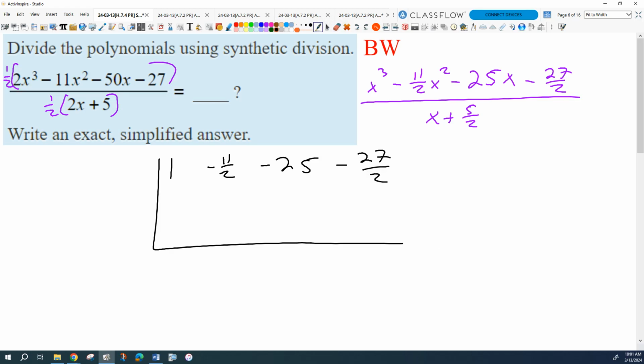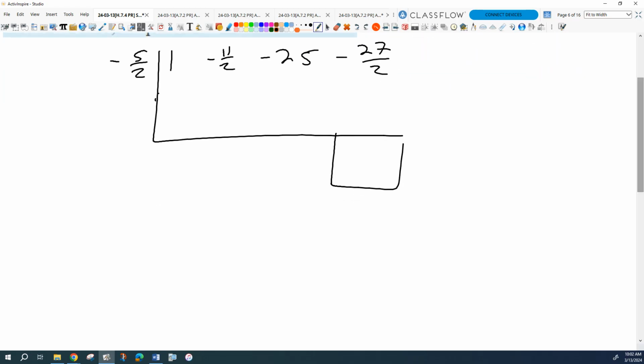Okay, what do I have to put down here? Remainder box. Yep, and that's very useful because then you always know right away. It's easier to keep track of what's what when you get your answer. What goes out front? Negative 5 halves. Okay, and then we just do our synthetic division. So what do I do first? Drop down the 1.